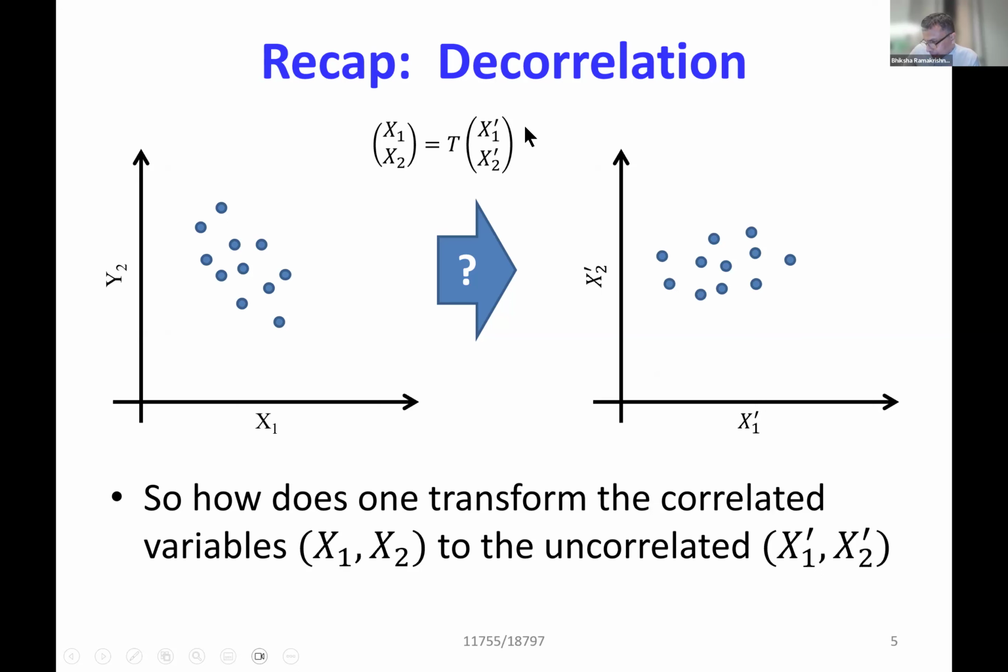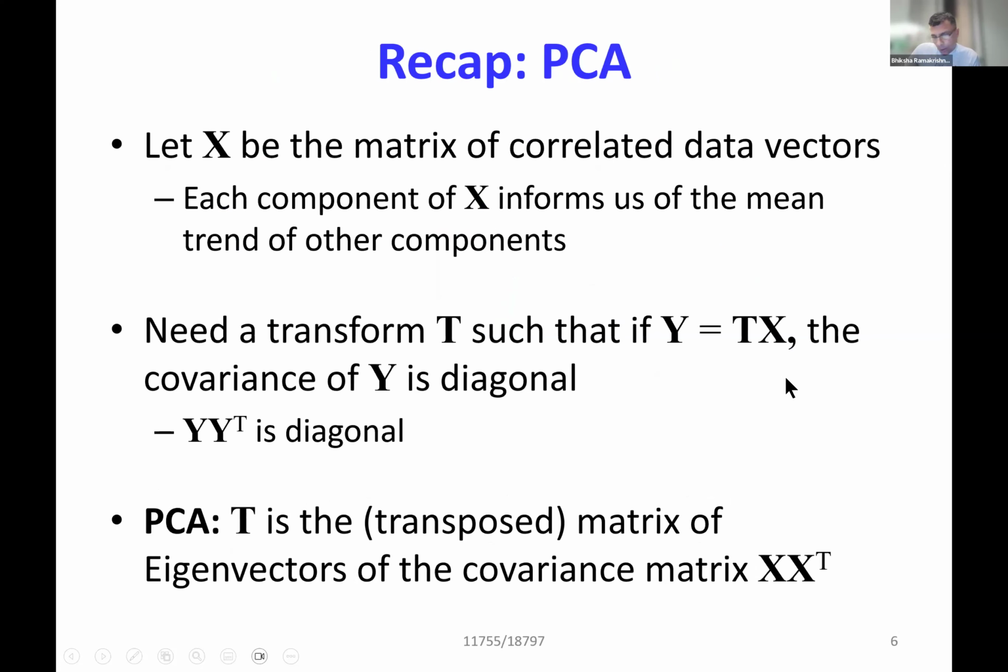So I can transform x1, x2 to x1 prime, x2 prime such that the scatter of x1 prime, x2 prime is axis aligned in this manner, and the expected value of x2 prime becomes independent of the value of x1 prime. This is decorrelation. And we also saw how we could do this.